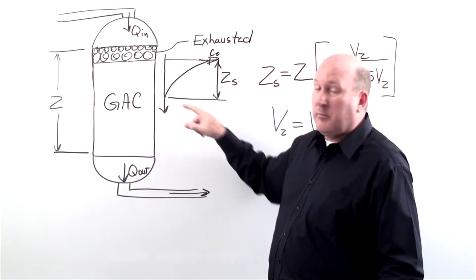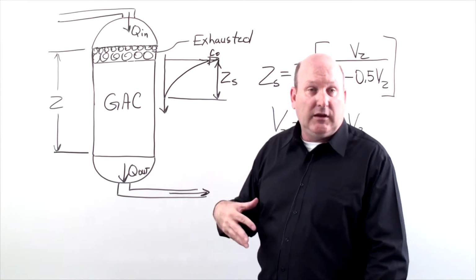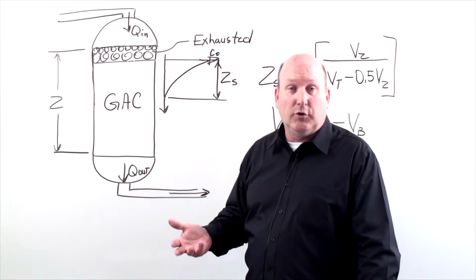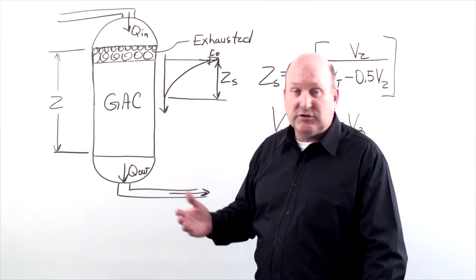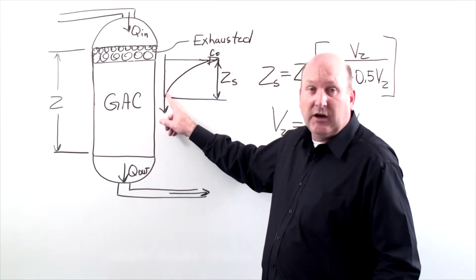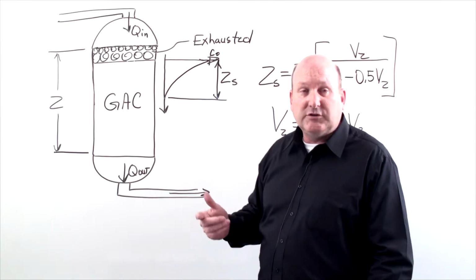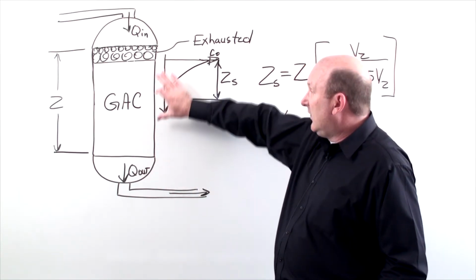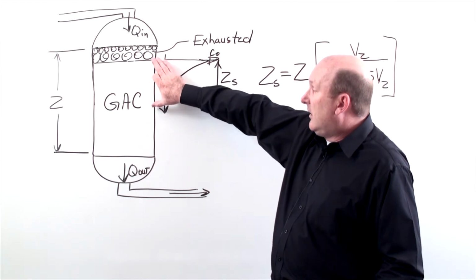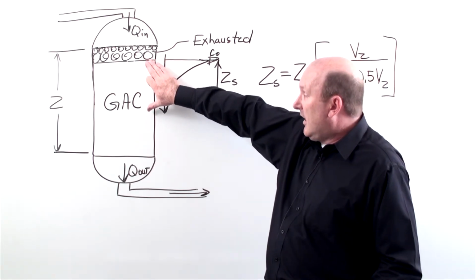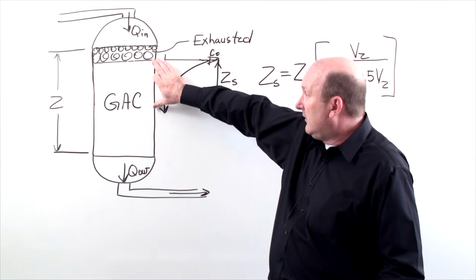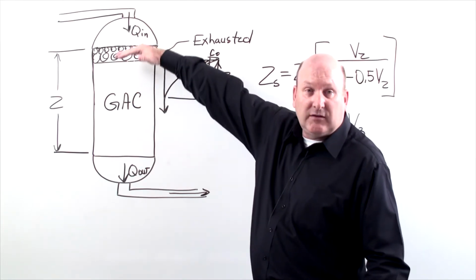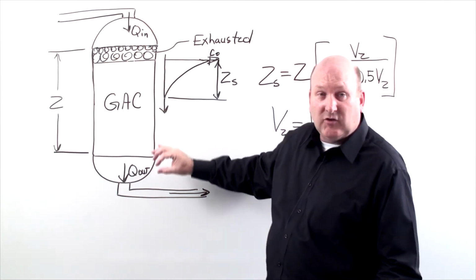And when we get to the bottom, where the concentration is at 0 or at the breakthrough concentration, which is what we call this minimum point here, then we've reached the bottom of the adsorptive zone. And so we see that as we use the activated carbon contactor to remove our contaminant, this adsorptive zone moves down through the bed as the activated carbon above becomes exhausted.